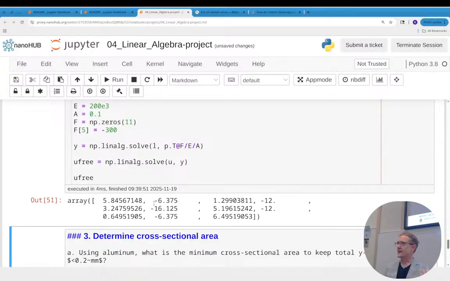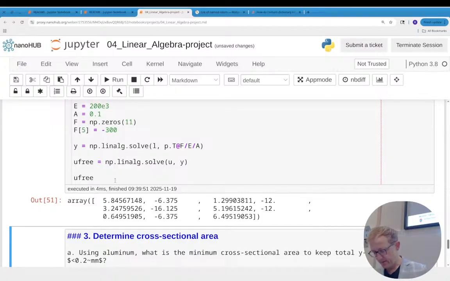So now I actually get the displacements of each one of the nodes, at least the ones that were free to move.